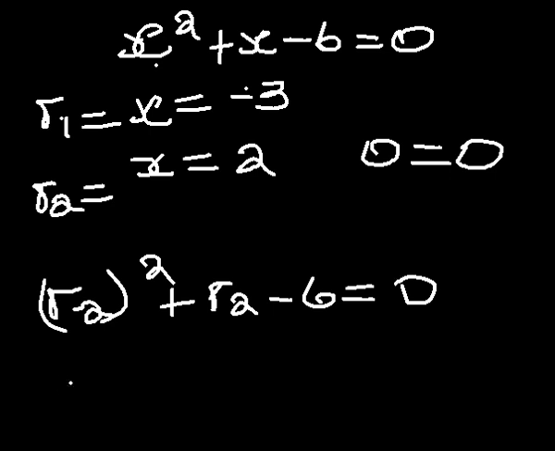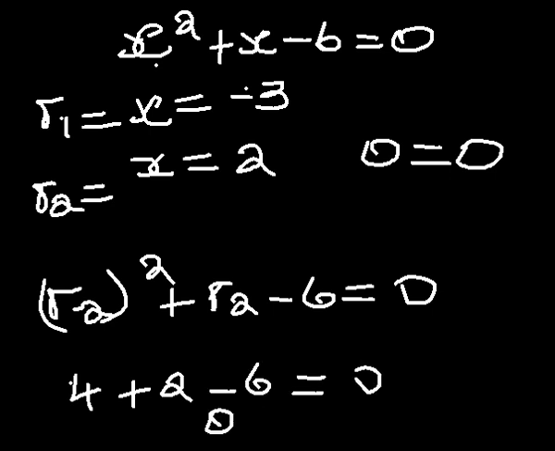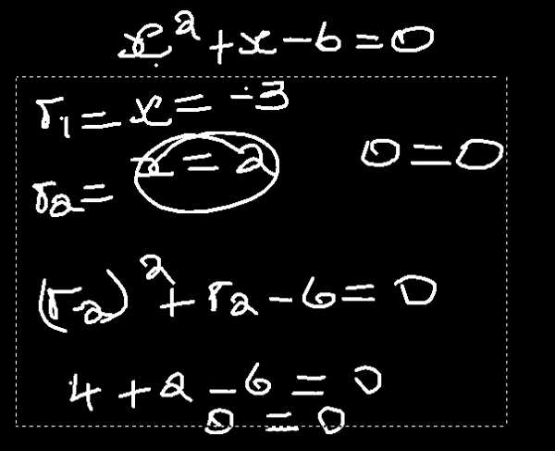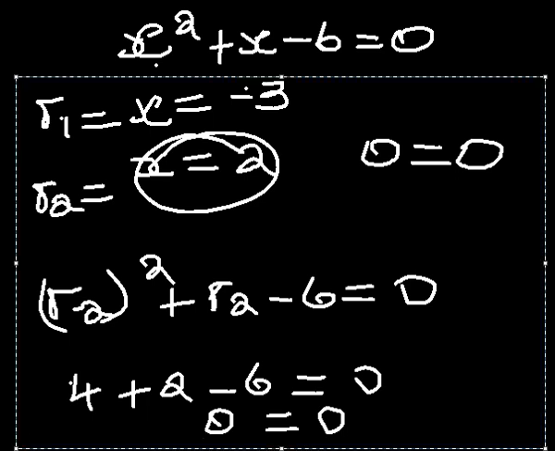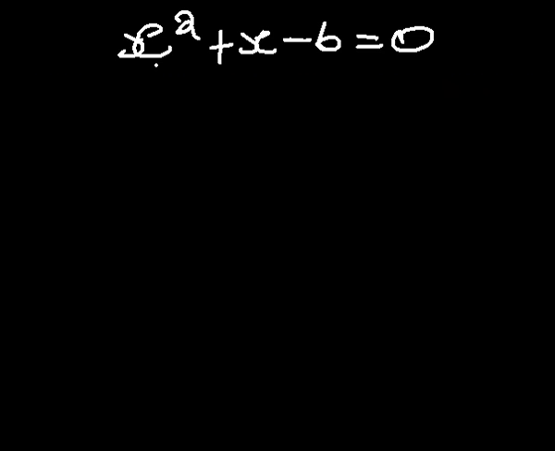We have it as 2. To the power 2 we have 4, and then plus 2 minus 6. You see that at the end of the day we have 0 is equal to 0. Hence x equals 2 is also said to be a real root of the equation, since upon substituting it, what we have on one side is the same as what we have on the other side.